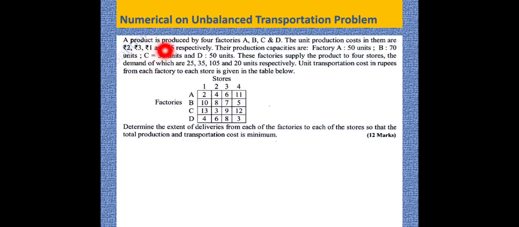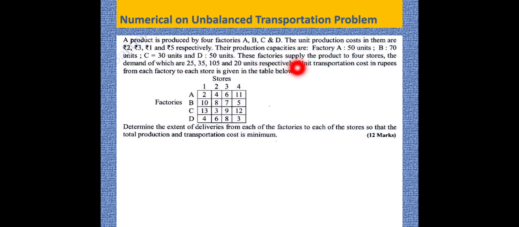A product is produced by 4 factories A, B, C and D. The unit production costs in them are rupees 2, rupees 3, rupees 1 and rupees 5 respectively. Their production capacities are factory A 50 units, B 70 units, C 30 units and D 50 units.